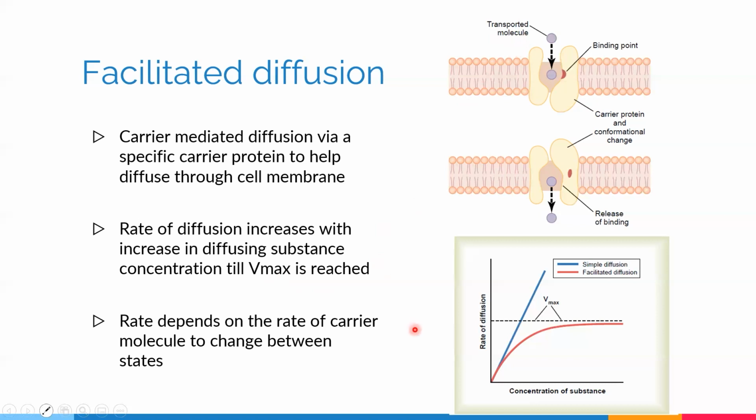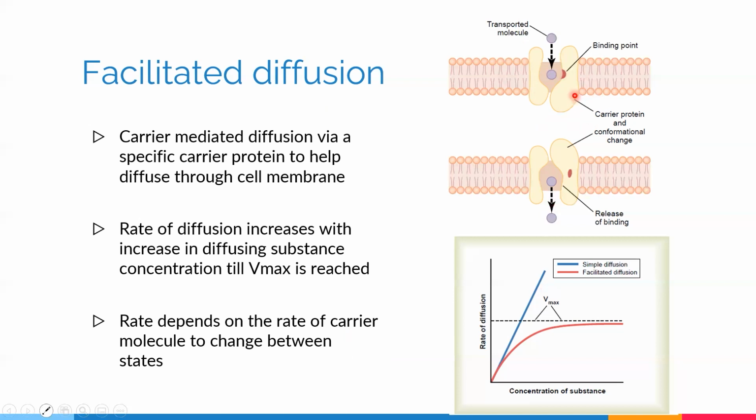But this rate has a particular limit. The rate depends on the rate at which the carrier molecule can change between states. What does that mean? So we have a carrier protein which undergoes two states. One is the binding, and second is the release, which allows the transported molecule to enter into the cell.